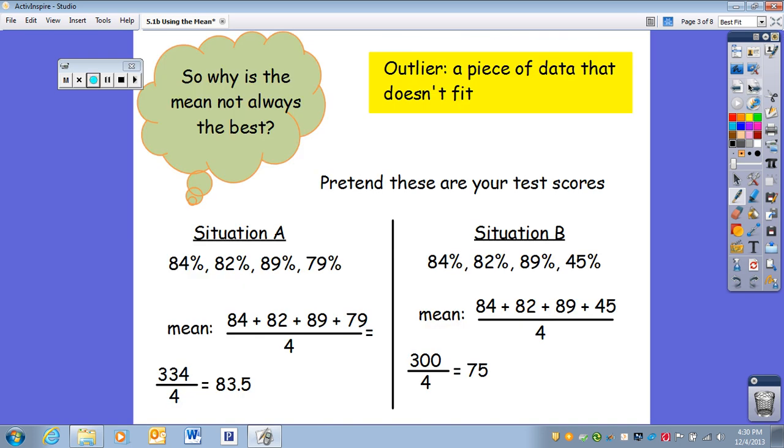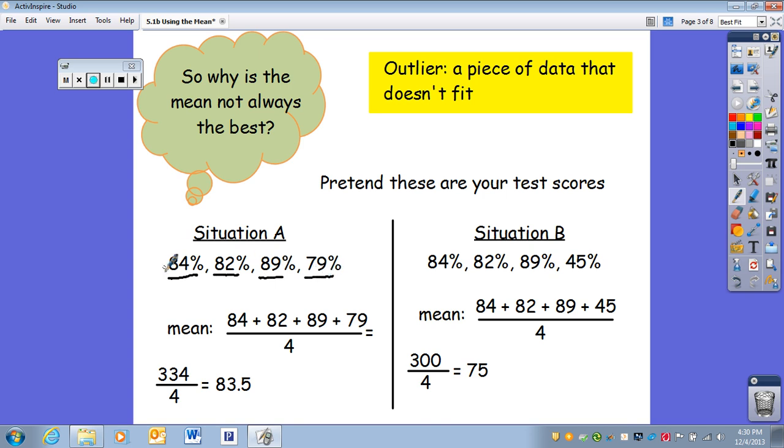So, why is the mean not always the best measurement of our data? Well, let's take a look at two situations, and let's pretend that these are your test scores. In situation A, you scored an 84, an 82, an 89, and a 79.